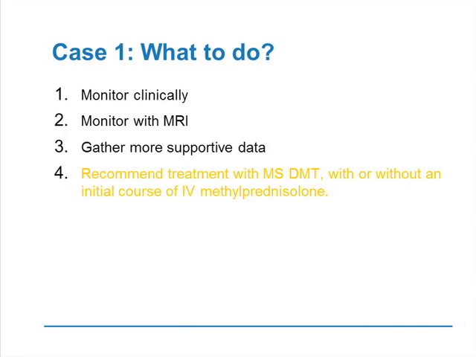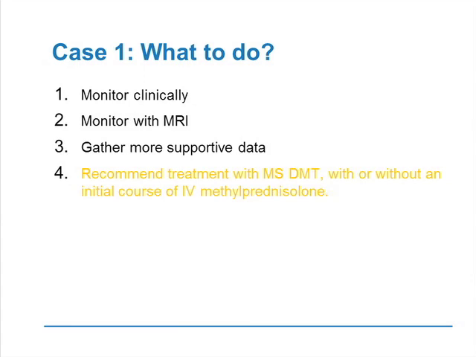In fact, the current diagnostic criteria for multiple sclerosis allow for making the diagnosis at the time of a clinically isolated syndrome, such as acute optic neuritis, if the MRI scan of the brain shows both dissemination in space and time in the form of some lesions which are not gadolinium enhancing, combined with some lesions which are gadolinium enhancing.